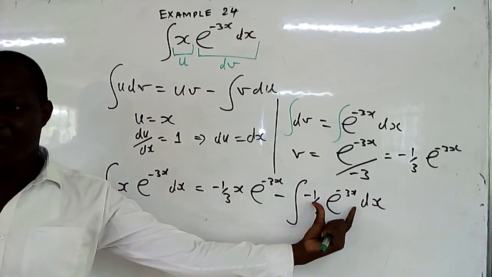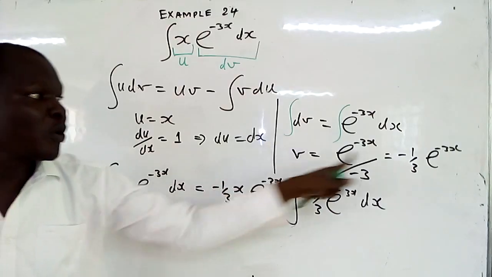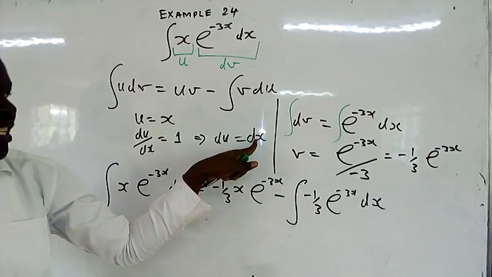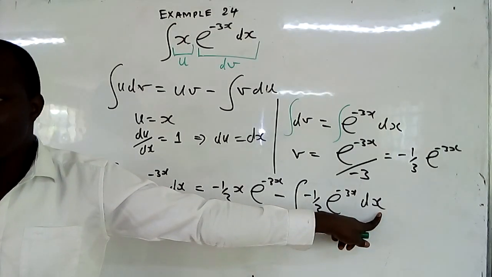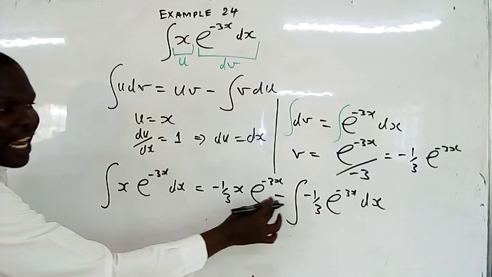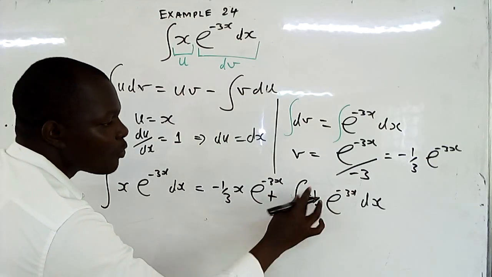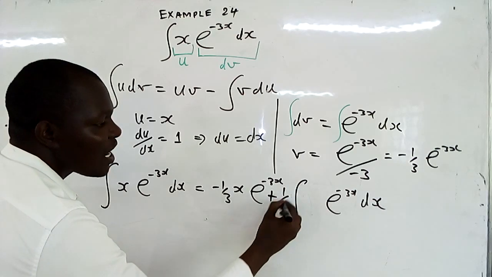So this is v du, meaning v times du, negative a third exponential negative 3x times dx. Are we together? If you take negative a third outside the bracket, negative into negative changes the sign to positive. Then this third is a constant, you factorize it outside.